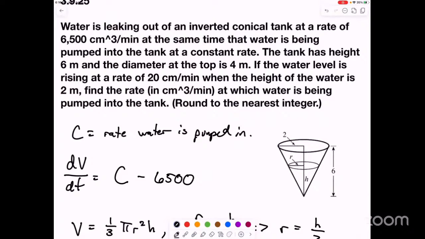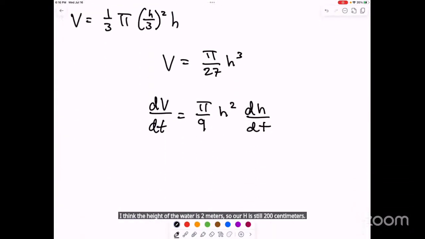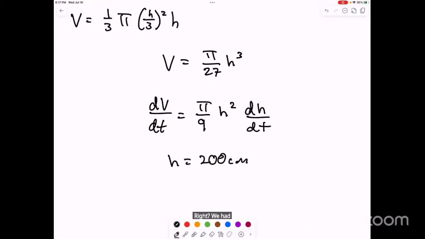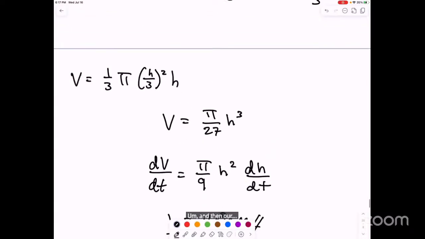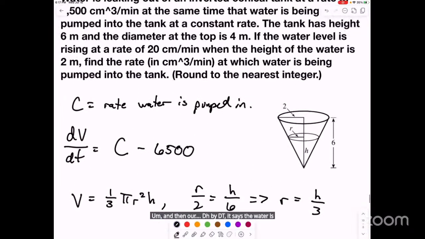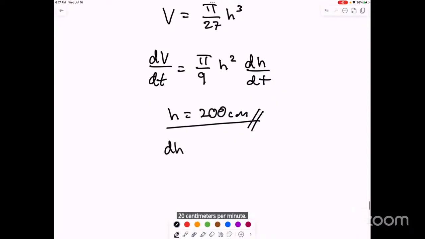I think the height of the water is 2 meters, so our h is still 200 centimeters. Right, we had to convert from 2 meters to 200 centimeters just like before. And then our dh by dt, it says the water is changing at a rate of 20 centimeters per minute. So our dh by dt is 20 centimeters every minute.